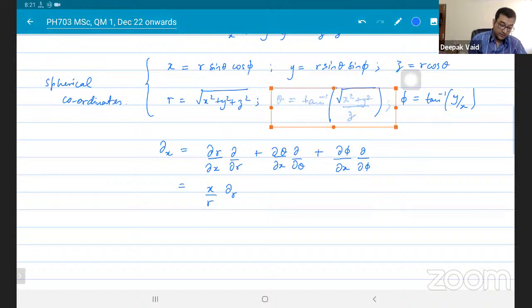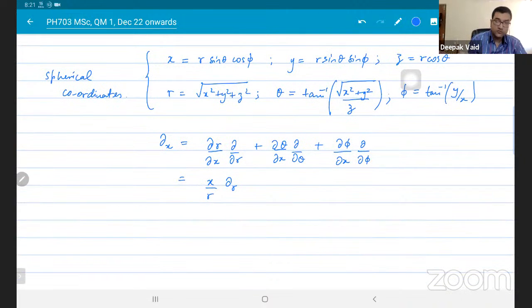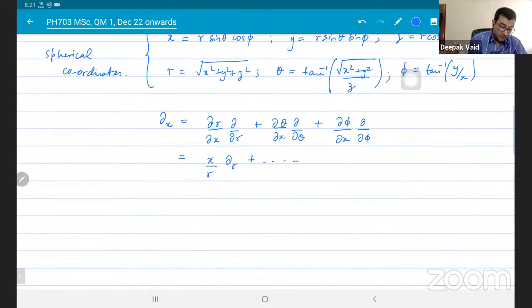Similarly, you can work out the other terms; it will come out to be something like 1/sinθ, and something similar for the φ component. Or there'll be some factor of cotangent or something. You'll have to look into that. And then what about the unit vectors? The unit vectors can also be expressed accordingly.